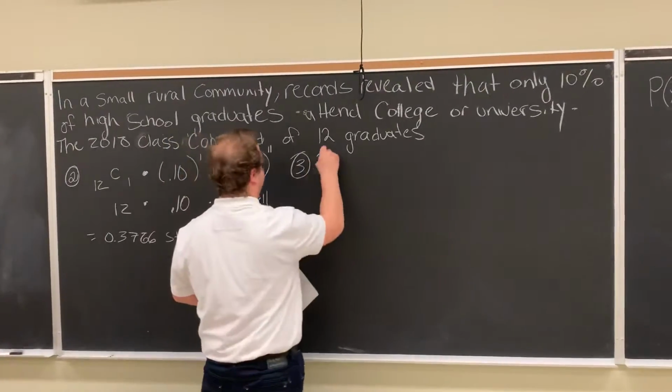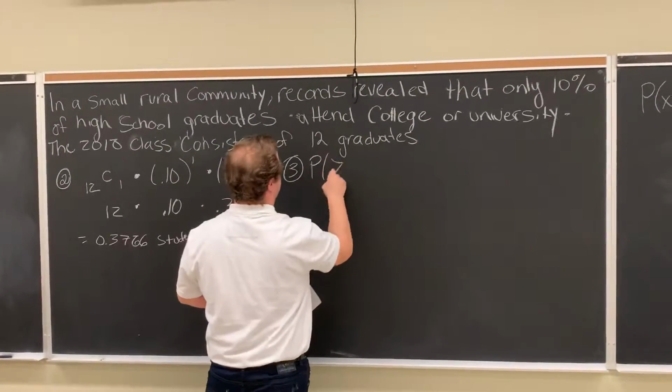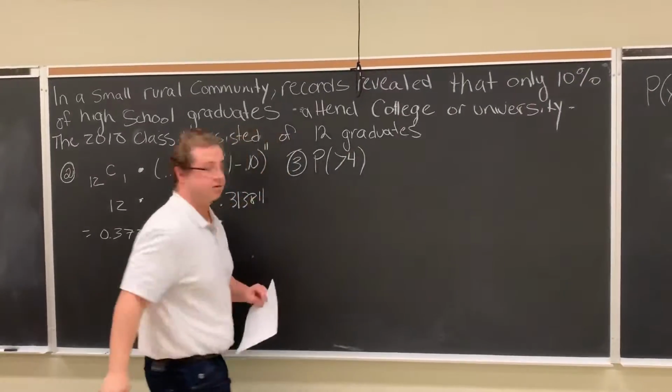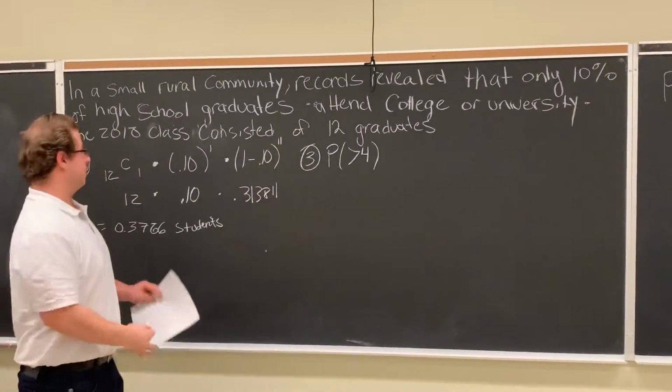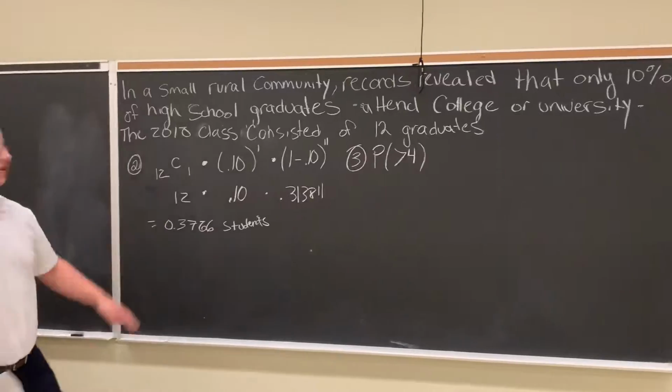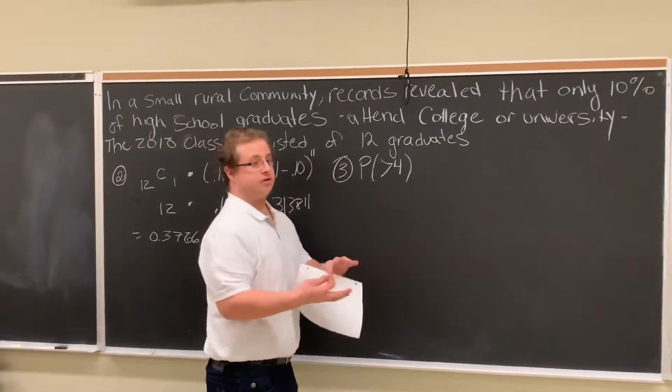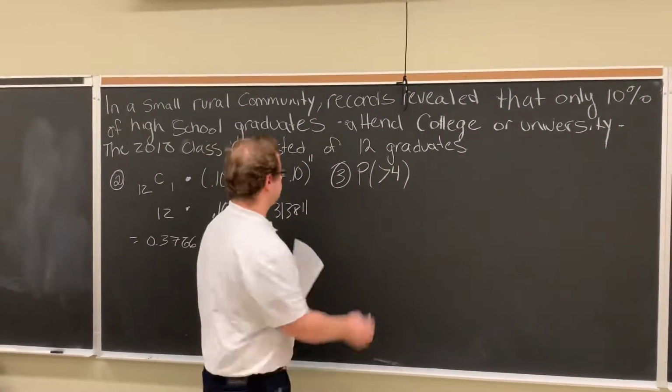So, question 3 is, what's the probability that it's less than 4 people? So when we're doing that, we already know that we did it for exactly 1, so we're going to have to do it for 0, 2, and 3.